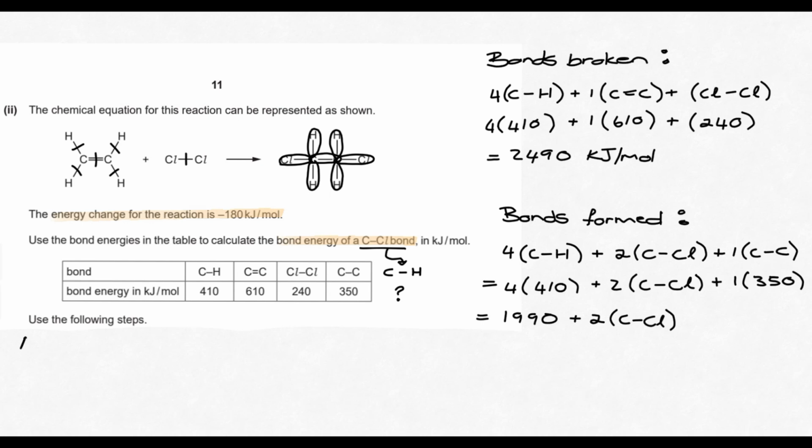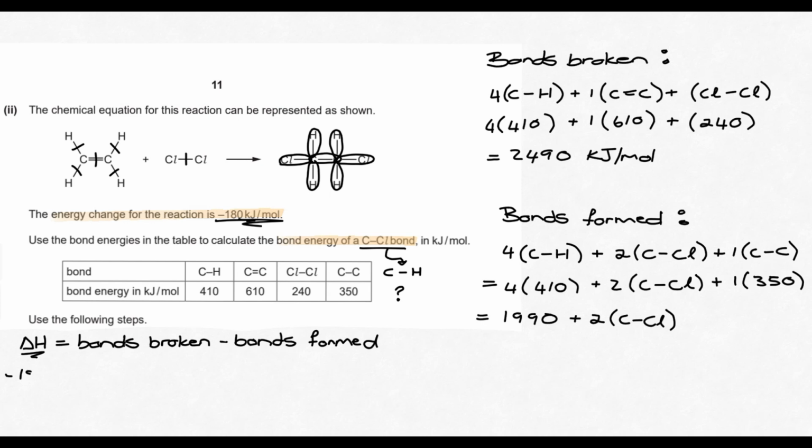So I know that my change in enthalpy, or my delta H, is equal to the amount of energy needed to break my bonds minus the amount of energy produced by forming the bonds. My change in enthalpy value I can get from my question as negative 180 kilojoules per mole.